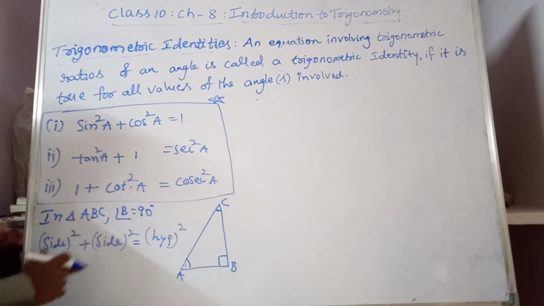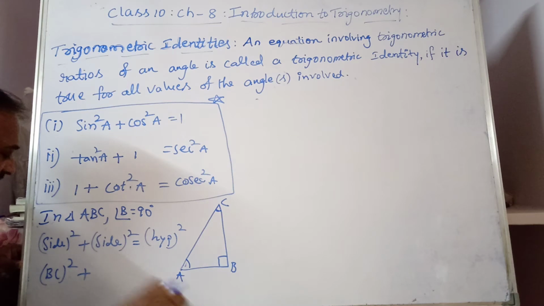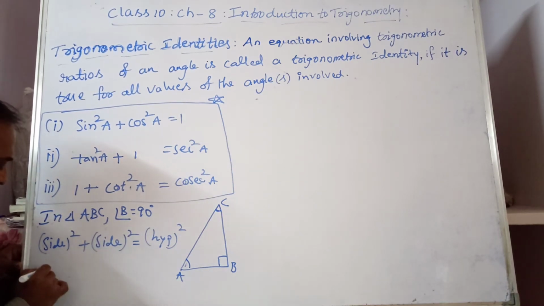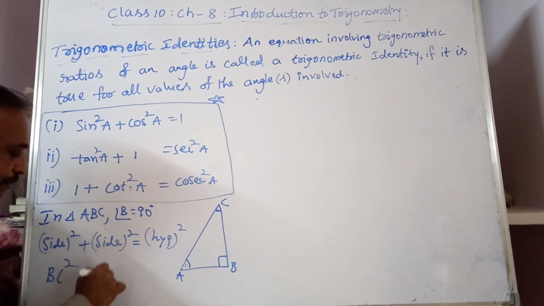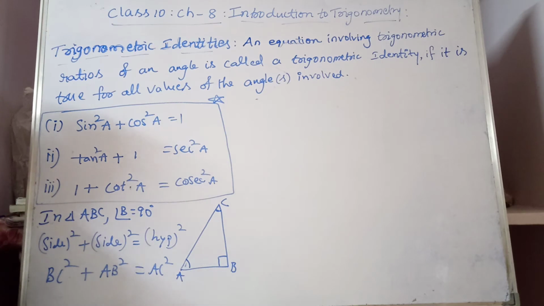What are the sides? We have side BC, so BC square plus the other side AB square is equal to hypotenuse AC square.